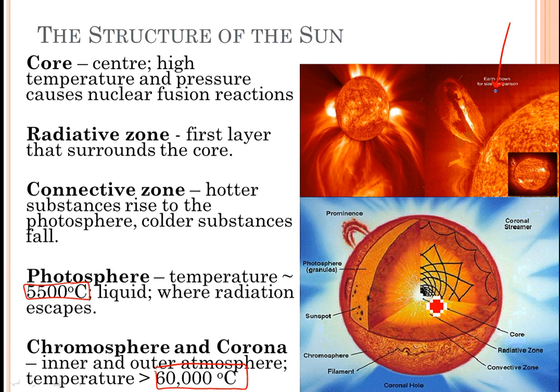But you can see here you have the core right in the center, the radiative zone, sort of this part right here, the chromosphere on the outside, and the photosphere right here, sort of this part, and then you have those solar prominences, which create some of the solar storms and stuff like that.